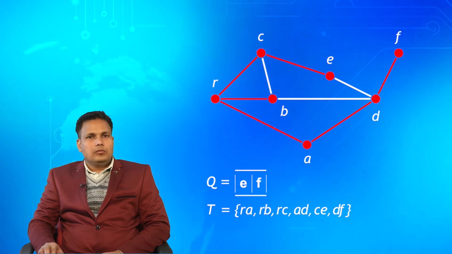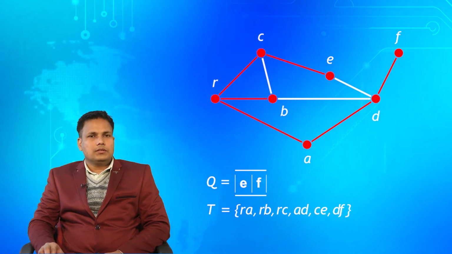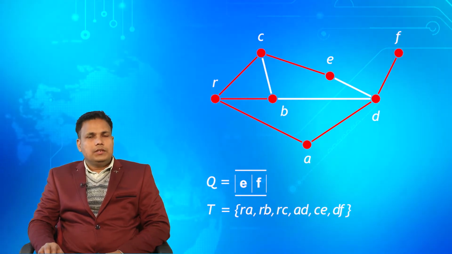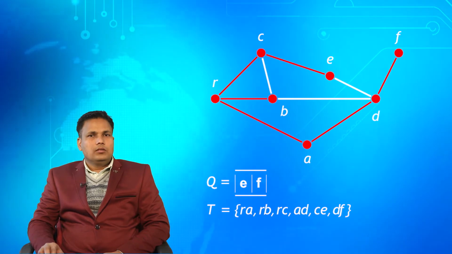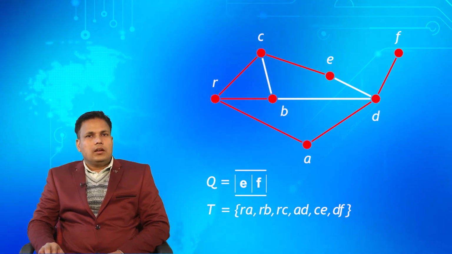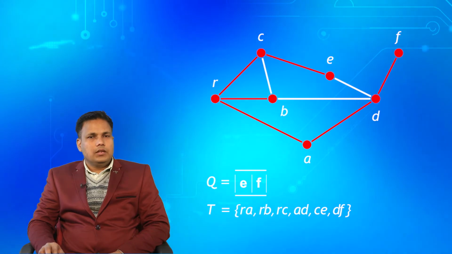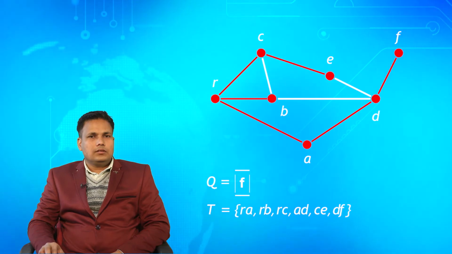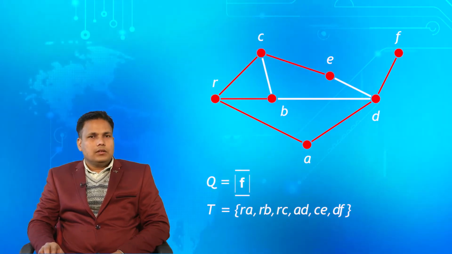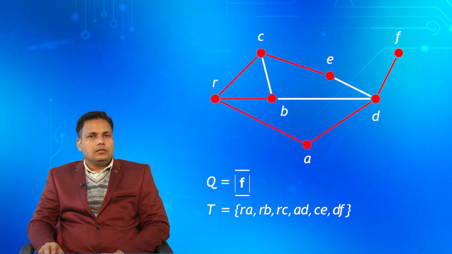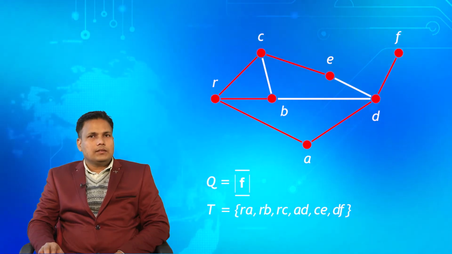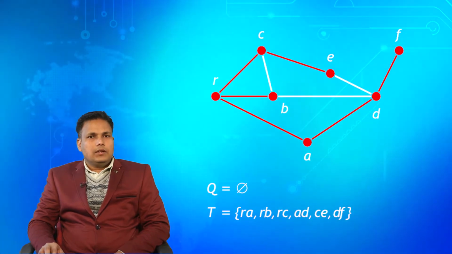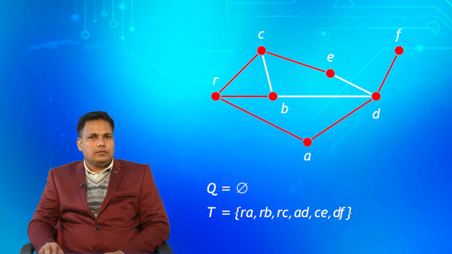Now, we can see that Q still has some vertices. So, we just remove the first vertex of Q now, which is the vertex E. So, we shall now visit the unvisited neighbors of E. Note that now there are no unvisited neighbors of E. So, we shall simply remove E and there is no change in the set T. And now we see that Q is still non-empty, it contains the vertex F. So, F is now removed and we will see whether F has any unvisited neighbor or not.